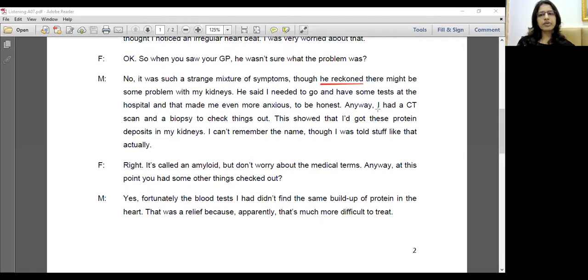Right? Now the patient would never say "I underwent" or "I was tested for." They would say "I had," "to check things out," "to assess," "to find out."